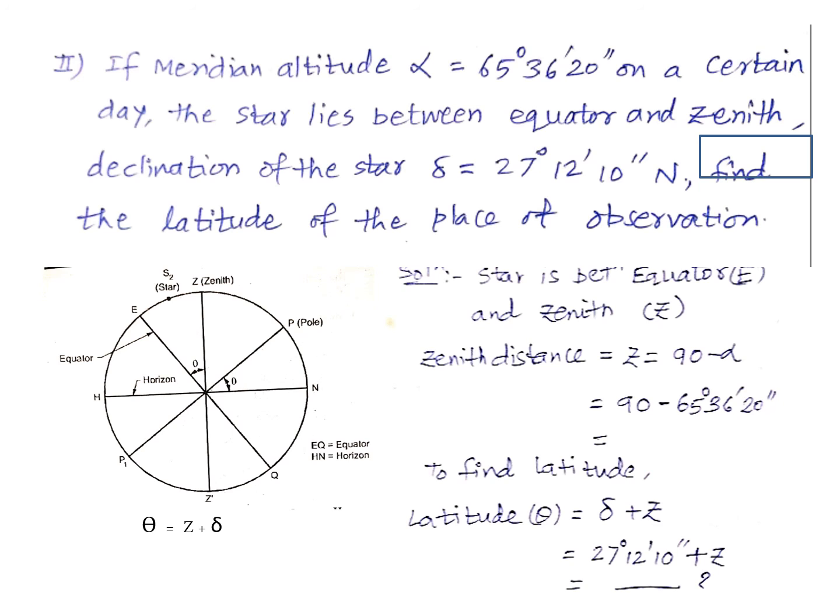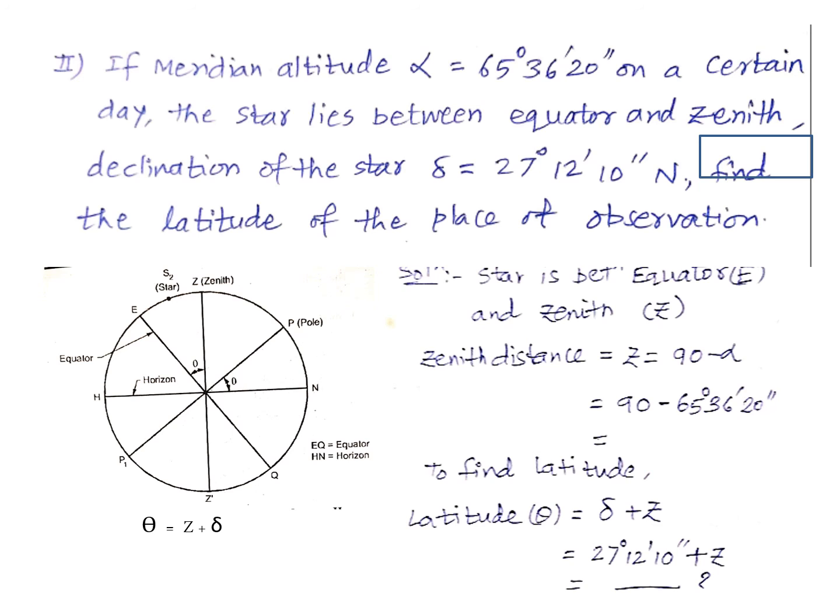It will never cross 90 degrees. This is with respect to the horizon, and this is your altitude value. Now the zenith distance is 90 minus this value, you can easily calculate the zenith distance. I have not written this out, I will leave it to you.